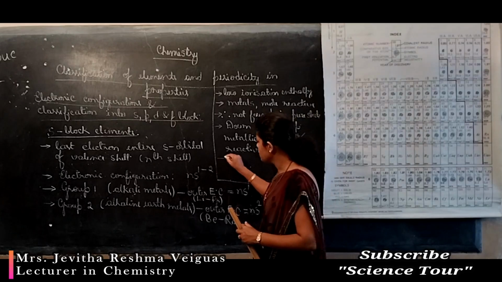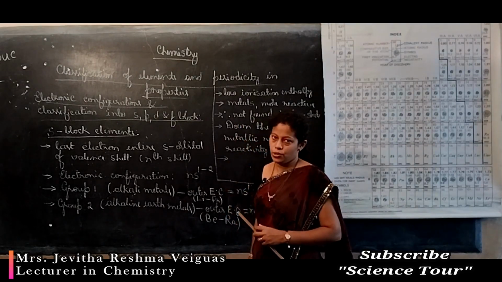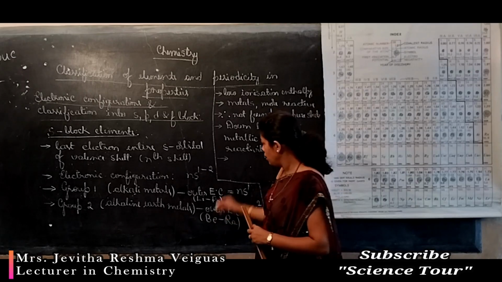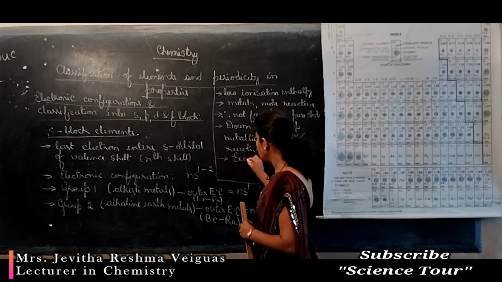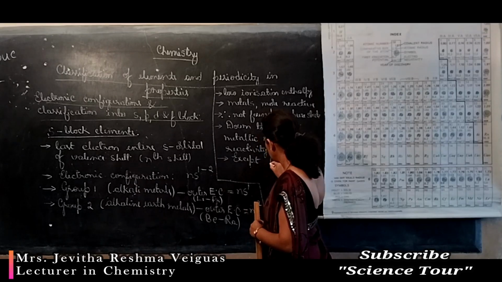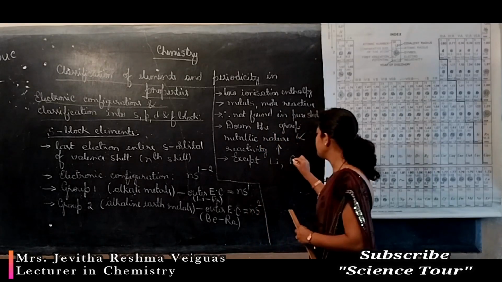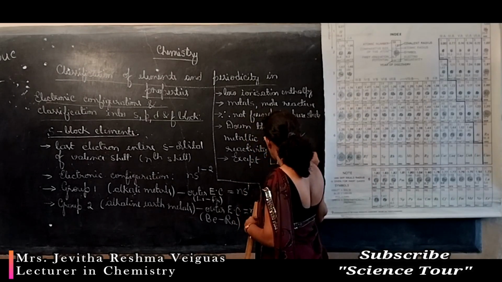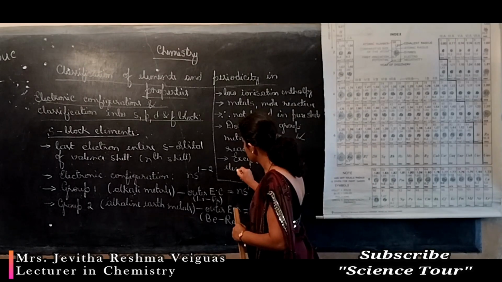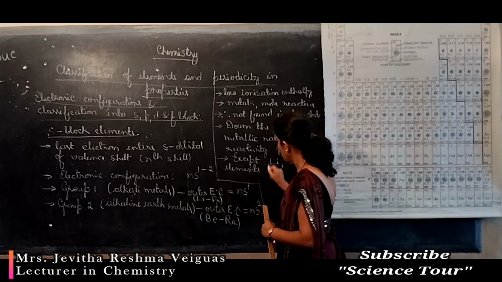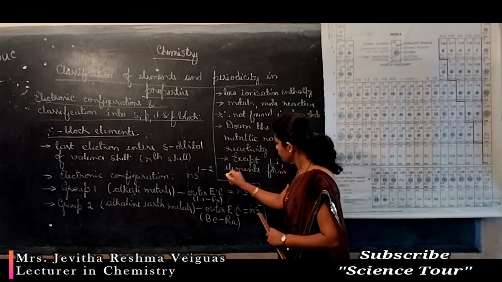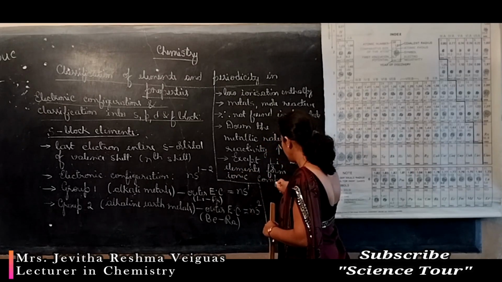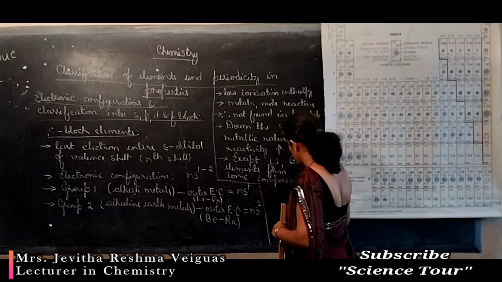And one more thing is, these elements of group 1 and group 2 generally form ionic compounds, except 2. The 2 exceptions are lithium of group 1 and beryllium of group 2. Except lithium and beryllium, elements form ionic compounds. Lithium and beryllium form covalent compounds.